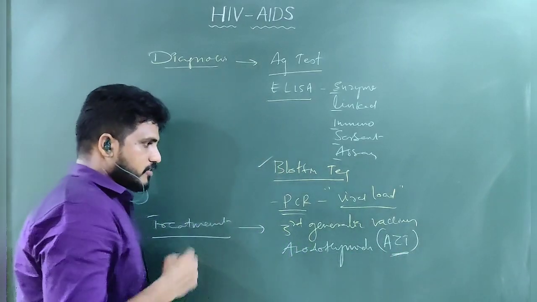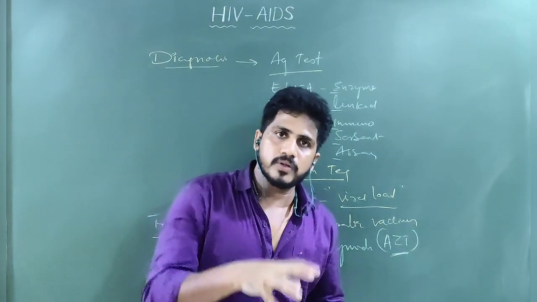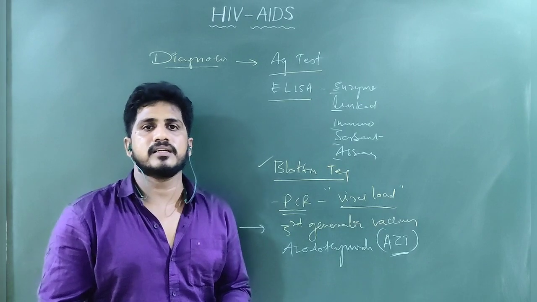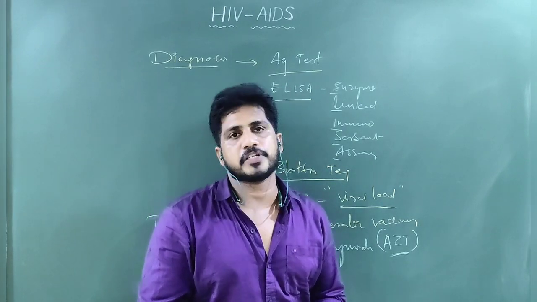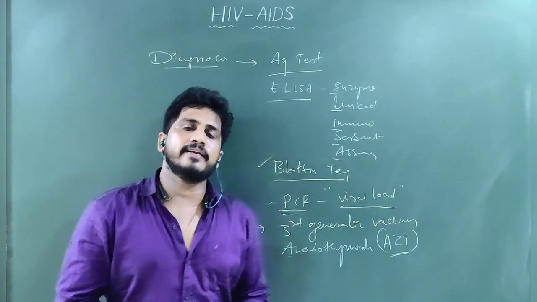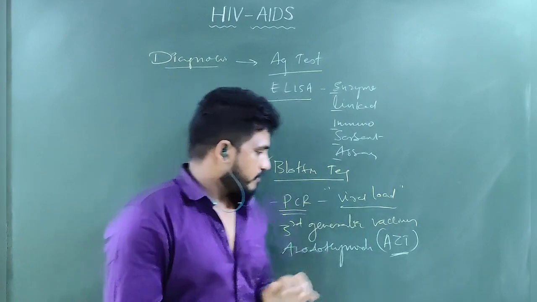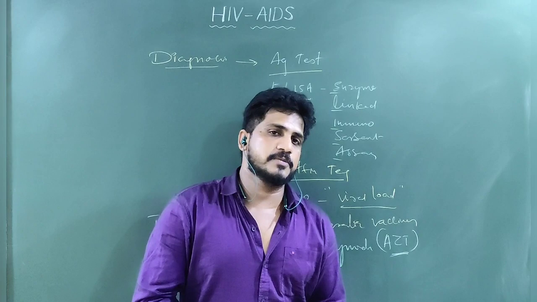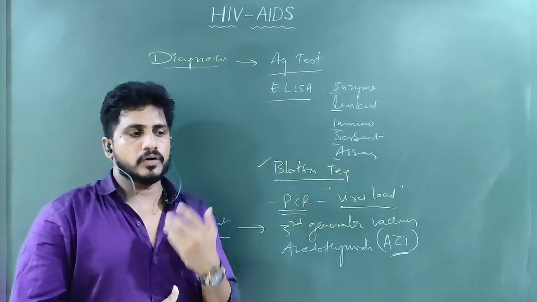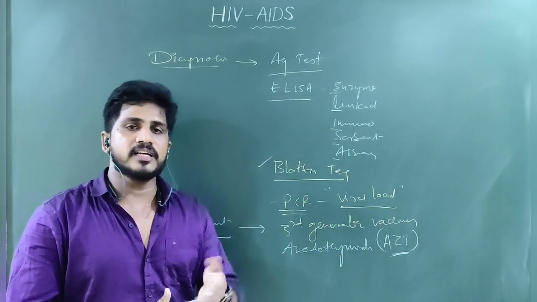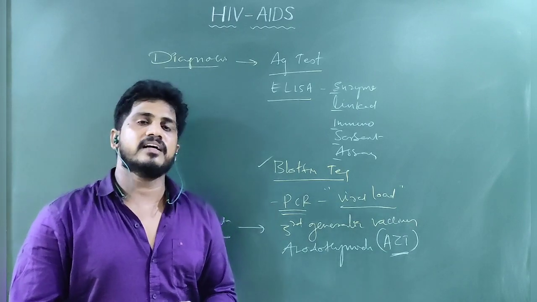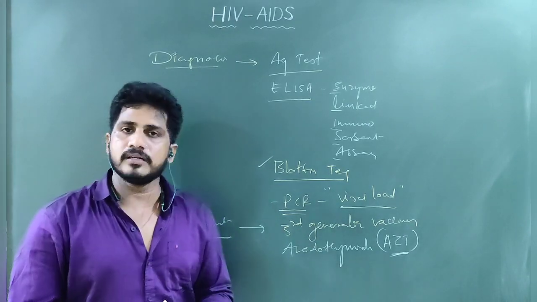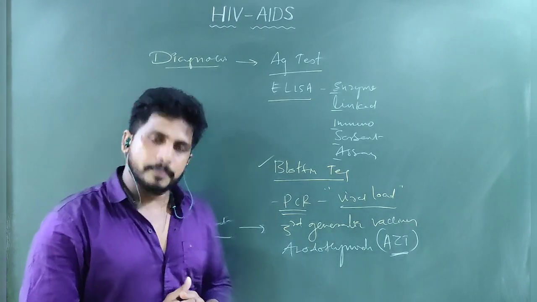If AZT injections are given in the early stages to a pregnant woman who is suspected or diagnosed as an AIDS patient or HIV positive, then transmission through the placenta can be prevented. Also for individual adults, if we detect the HIV infection at a very early stage, AZT will be good medicine. So these are the precautions.